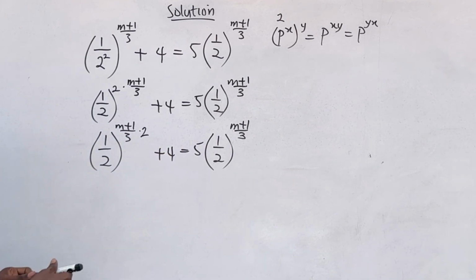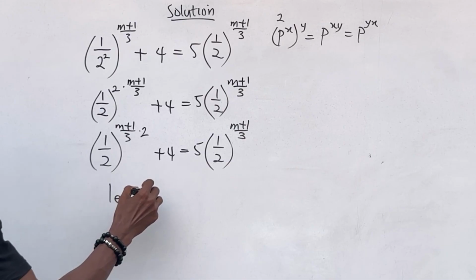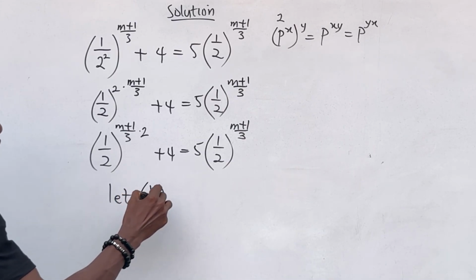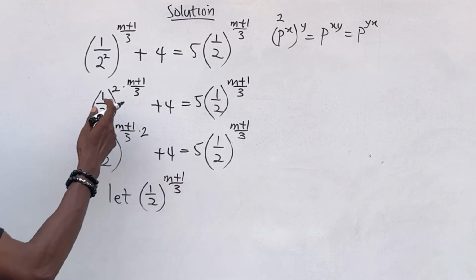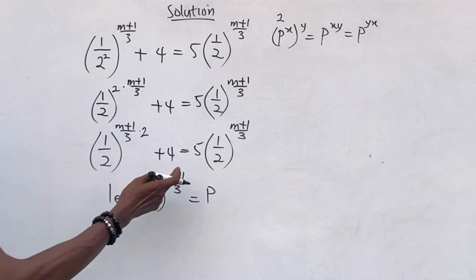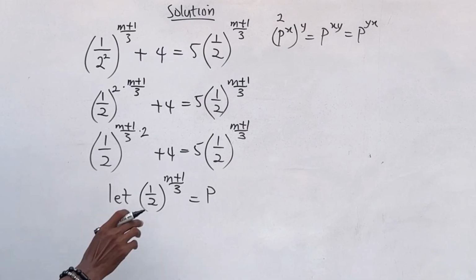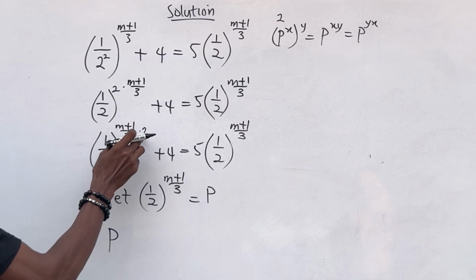Okay, so we can conveniently say let this 1 over 2 raised to power m plus 1 over 3 be called p. So let this equal p. So this is our p now, and we have a power of 2 left.